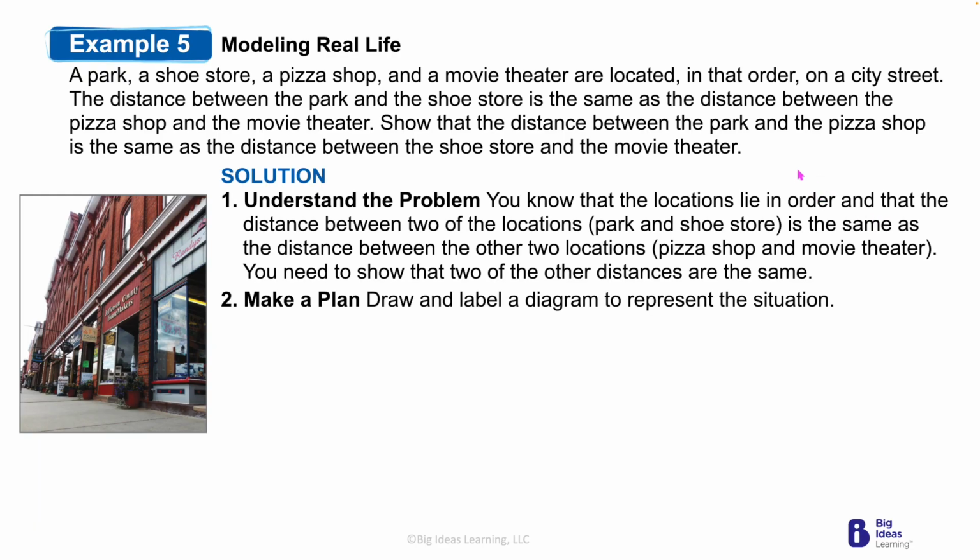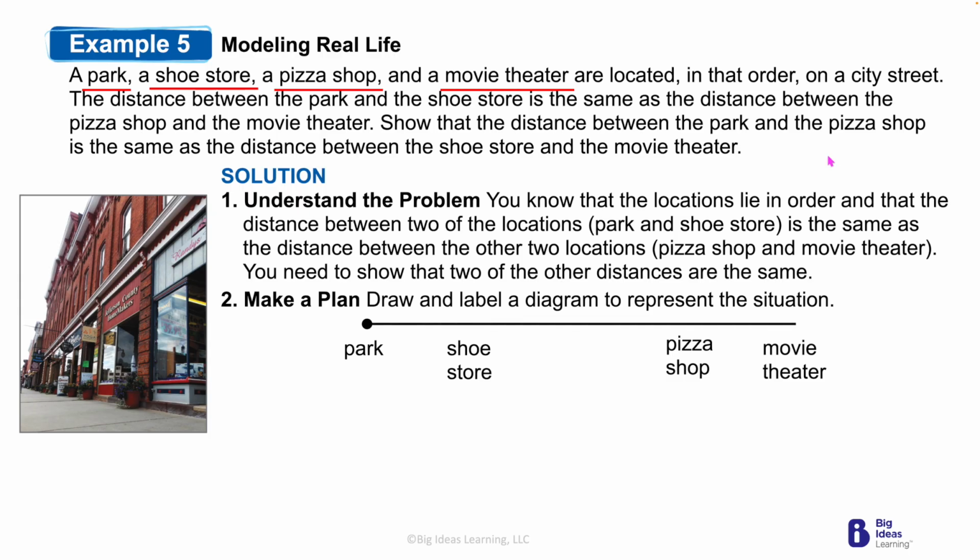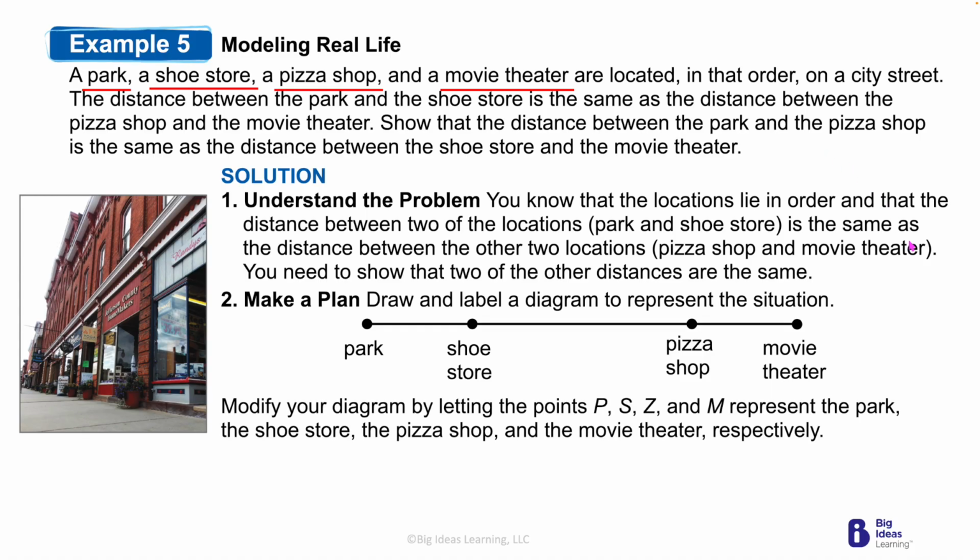So what we're going to do first, we're going to draw a diagram. So there's our city street. We got a park, shoe store, a pizza shop, and a movie theater. Now what we can do is simplify by just using letters instead of words.